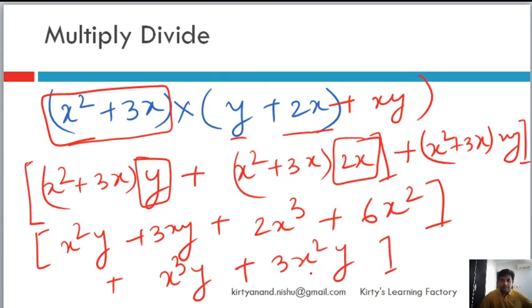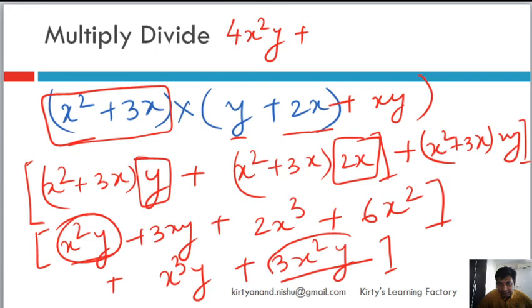So now I see that I have generated 3x square y here and x square y here, so I should add these two, and it will become 4x square y plus, and I will suggest that you either circle it or underline it so that you know only these terms are remaining, and from these terms then you will have to look for the like terms.